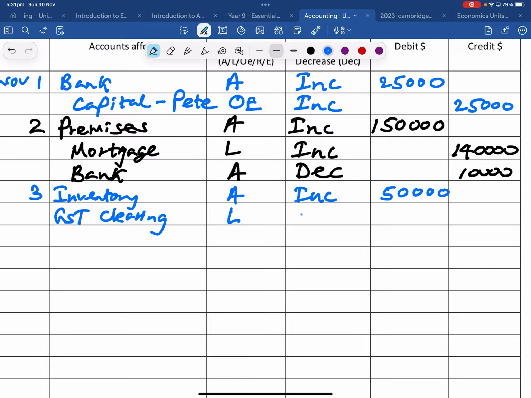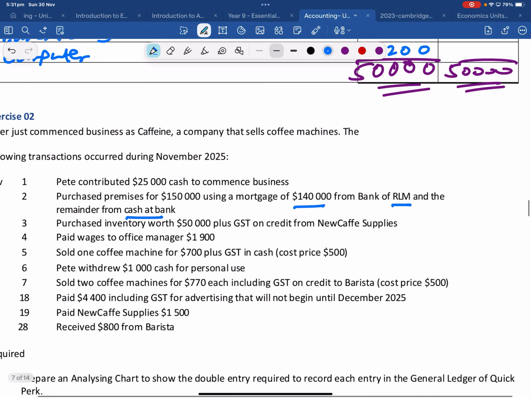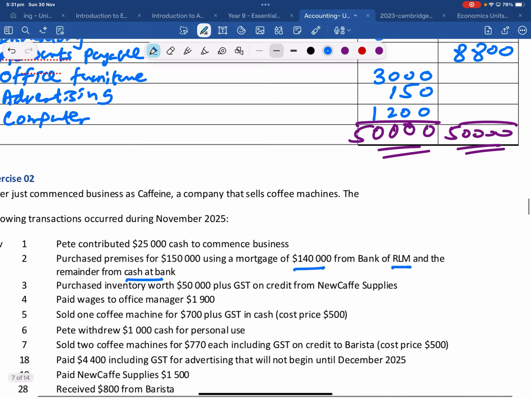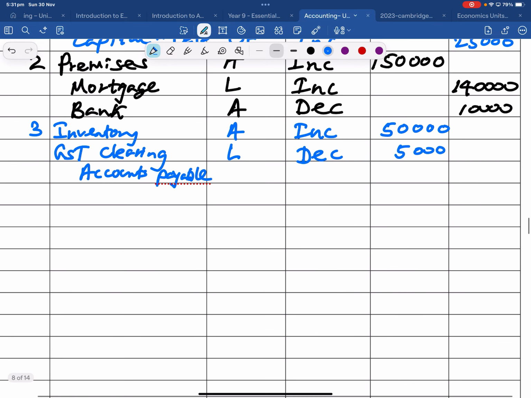Is everyone okay with that? GST decrease, 5,000. Then accounts payable. Let's write the name. In this case, New Cafe. Okay, we don't have spaces.